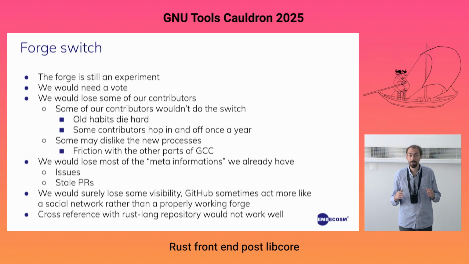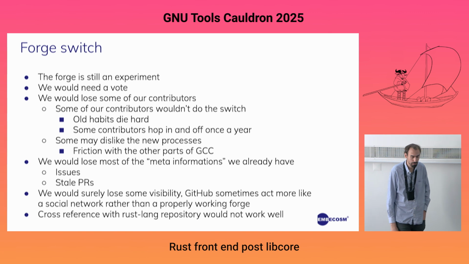And everyone in GCC is working using exclusively the Forge. What will happen? There will be a lot of pull requests, a lot of issues, and a lot of people. And I fear that some inexperienced contributors might get a bit overwhelmed by this whole ecosystem.